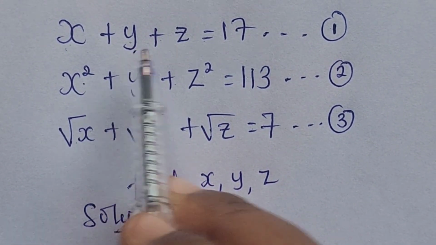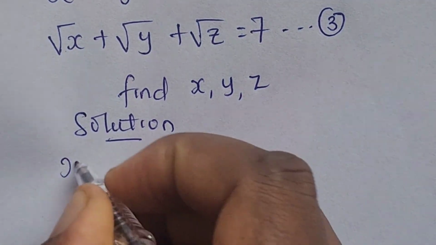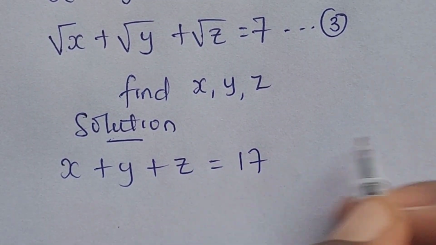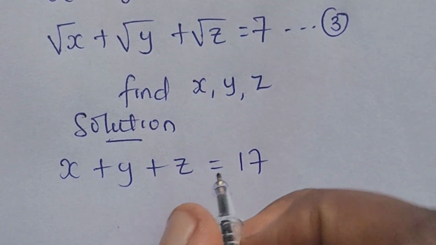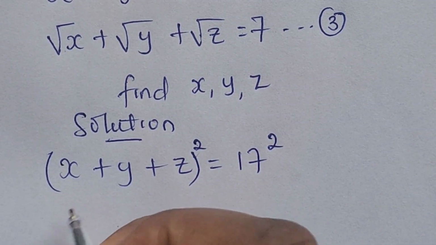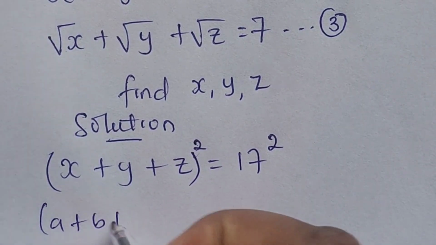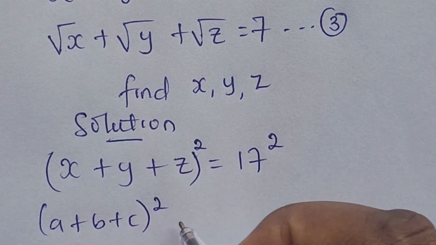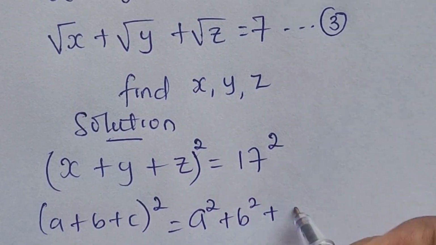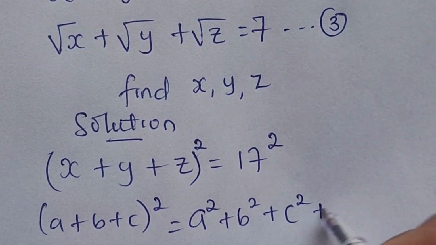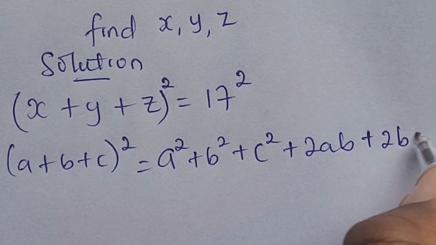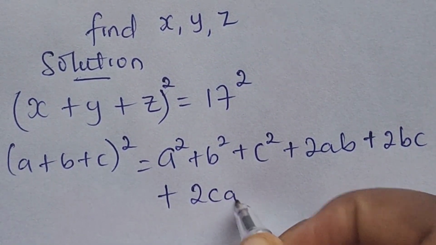So let's start with equation 1. We have that x plus y plus z is equal to 17 from equation 1. So we can square both sides. Now let's recall that when I have a plus b plus c all squared, this is equal to a squared plus b squared plus c squared plus 2ab plus 2bc plus 2ca.